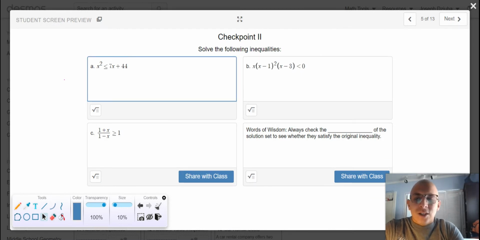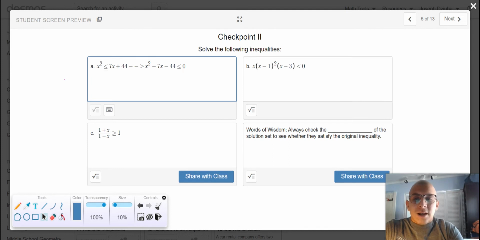Okay, so we still treat this the way we would a normal solution. But in this instance, we want to first collect all of our terms to the same side because we are dealing with a quadratic inequality. So I'm going to rewrite everything in this manner.